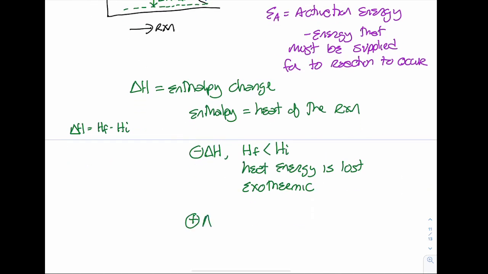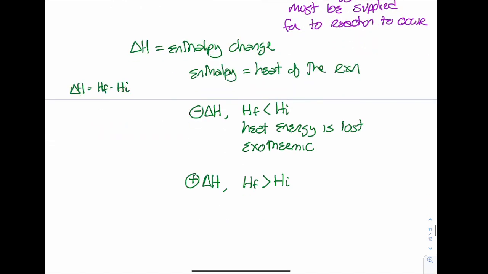If I had a positive enthalpy change, I would draw my products higher than my reactants on that diagram because we gained heat energy, right? My final enthalpy is greater than my initial enthalpy. So heat energy is gained. And we would say it's endothermic.